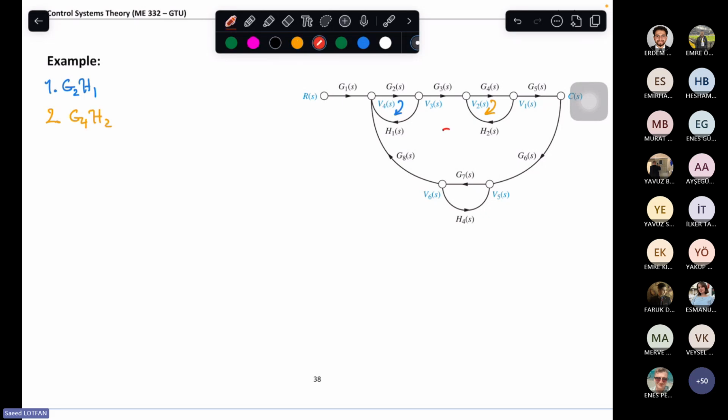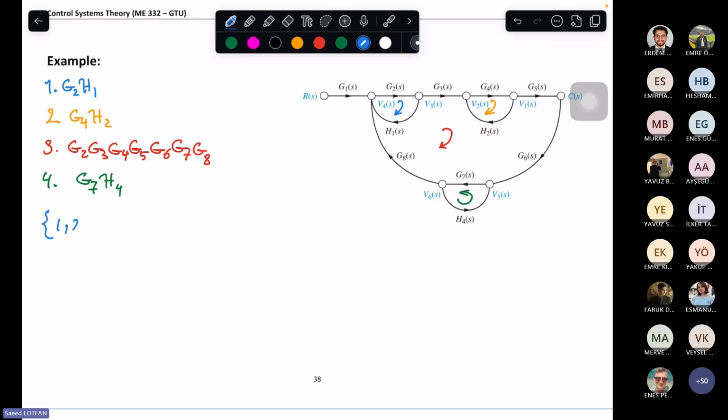I have the third loop here, which is G2, G3, G4, G5, G6, G7, G8. And I have this one here, loop 4, which is G7, H4.